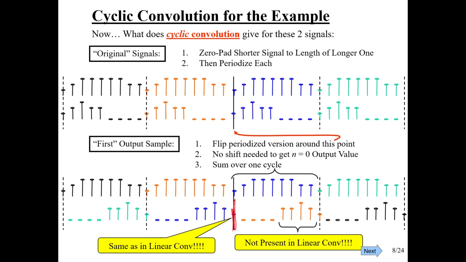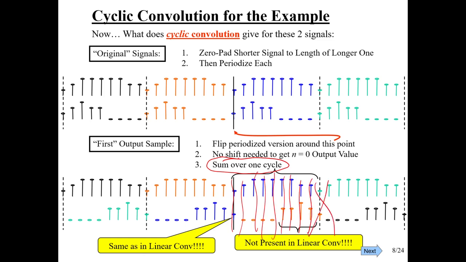It's anchored there. Now, the next thing in the definition of how cyclic convolution works is to find the output at n equal to 0. We then take this flipped version, and we do all the products, but we only need to sum over one cycle. So we really only need to do the products over one cycle.